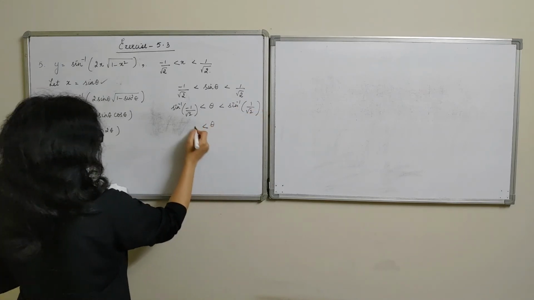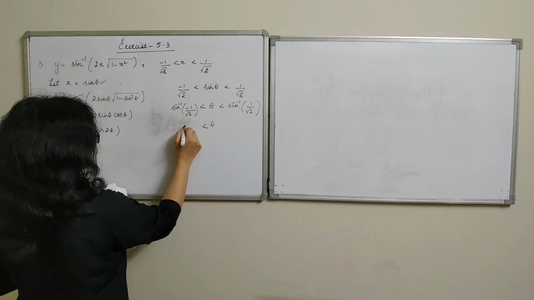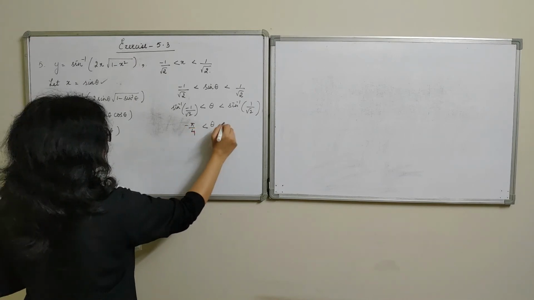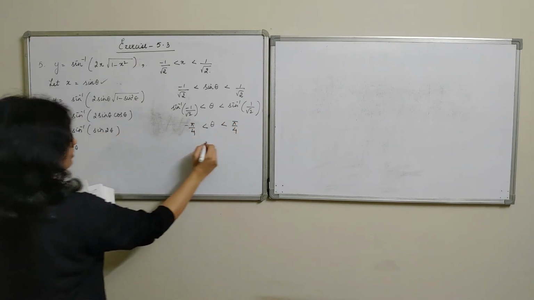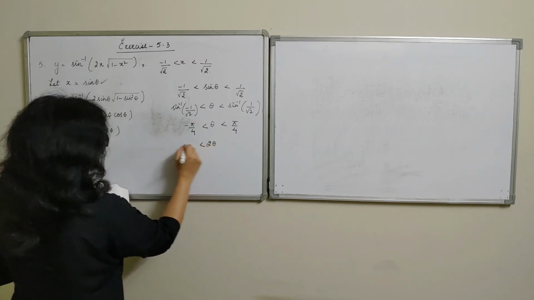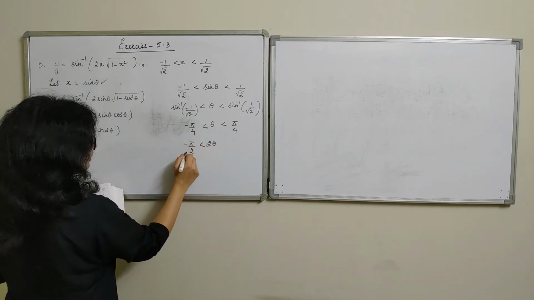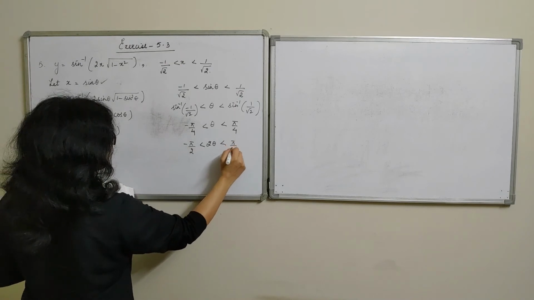According to principal branches, this angle is minus pi by 4, this is pi by 4. Our angle is 2 theta, so multiplying by 2 we get the angle greater than minus pi by 2, less than pi by 2.